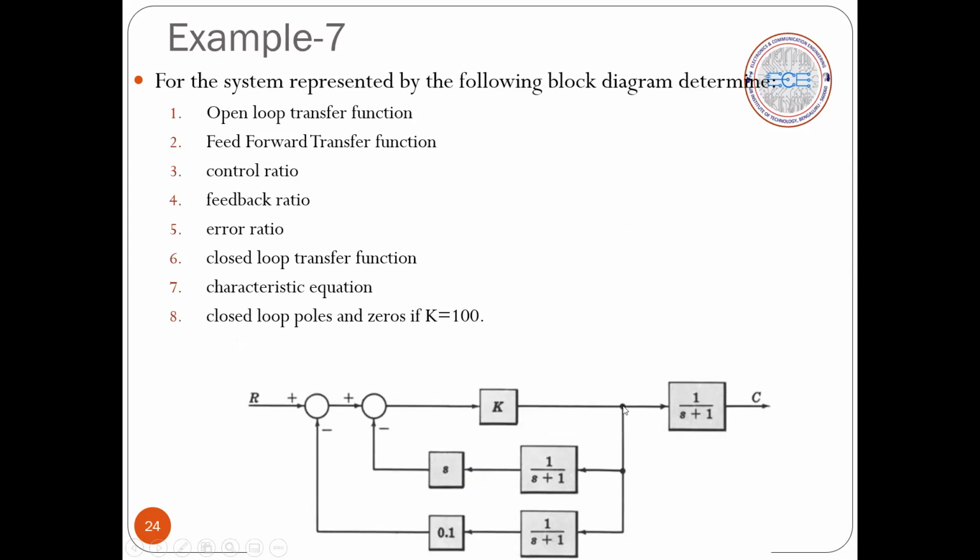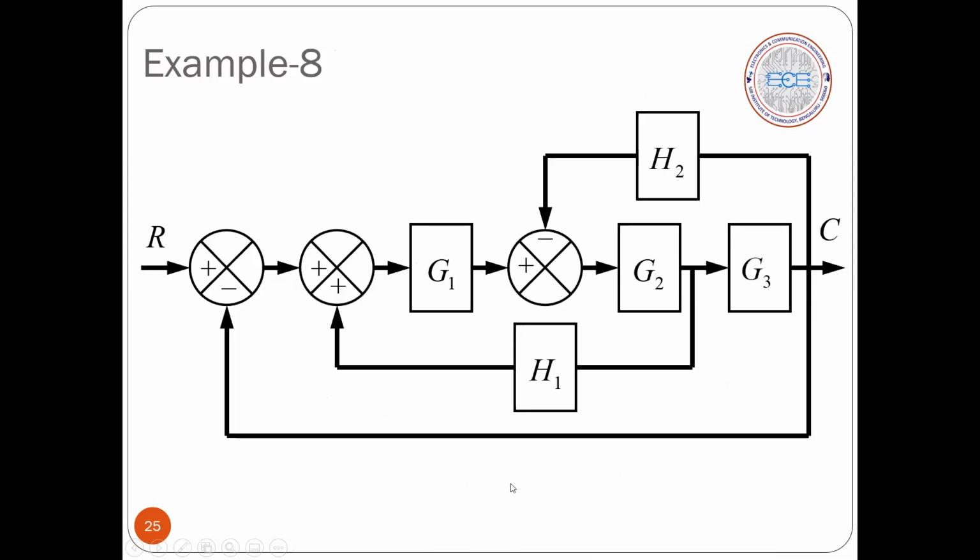We have one takeoff point, and the takeoff point is further branching. So you can split this into two takeoff points. Then you get one single loop that you can simplify, and these two blocks are in series, you can simplify. We'll see how to do that.